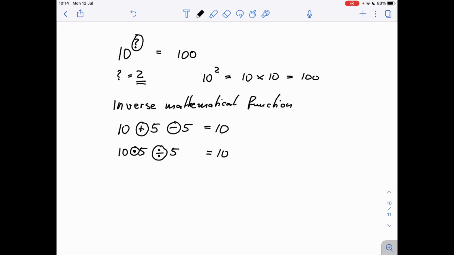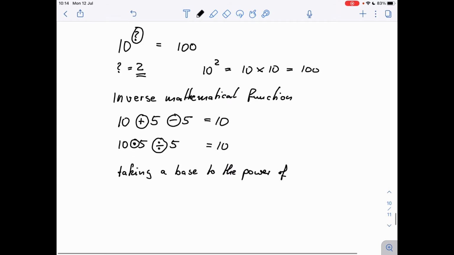And now what we need to find is the inverse mathematical function of taking a base to the power of something. We need to find this inverse mathematical operation.